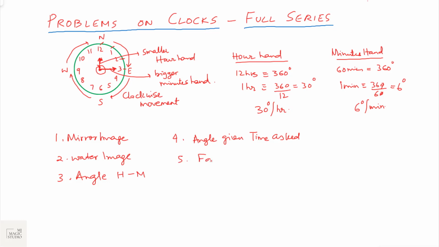The fifth type of question would be a few facts, which are general facts, based on which questions can be asked. Then questions can be asked on reflex angles, on directions related to the clock, and on slow or fast clocks. We will try to cover all these types of questions. Let's start one by one.